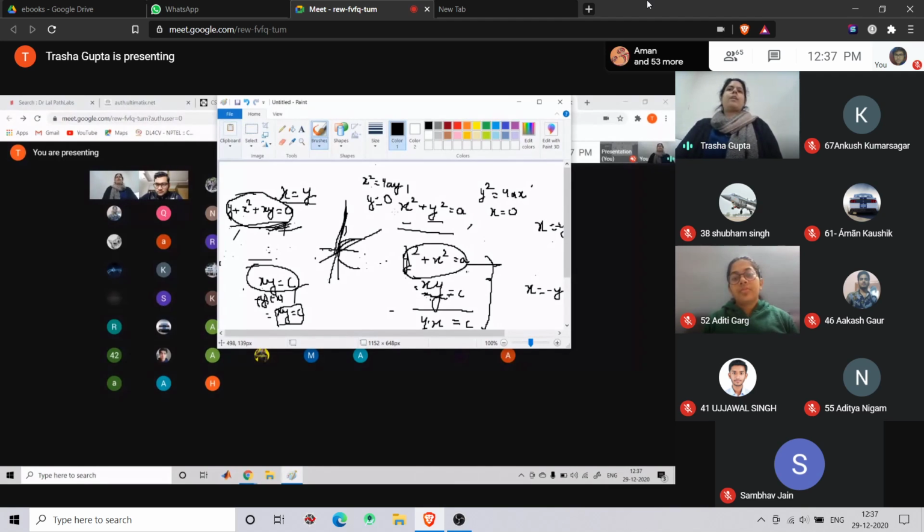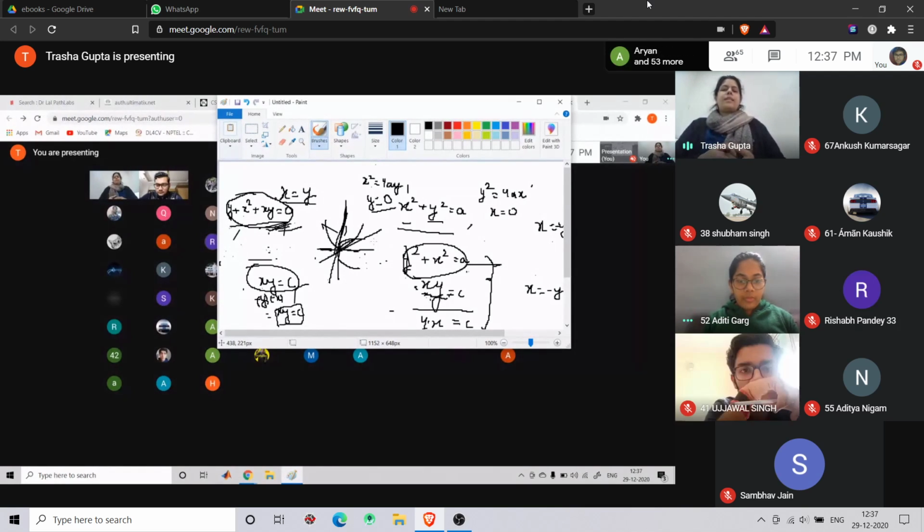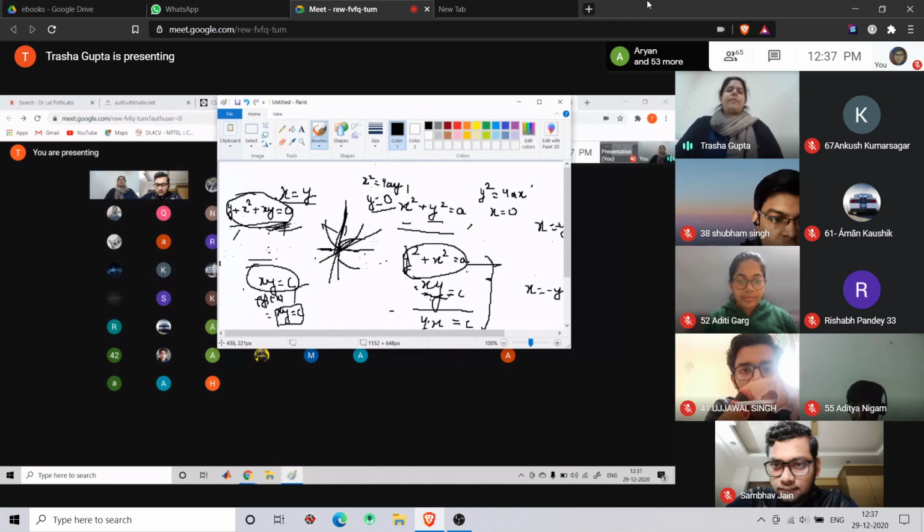So the tangent to the curve at origin is y is equal to 0, which is the x-axis, and we know that this is the tangent to the curve at origin. Is that fine? Yes, ma'am.